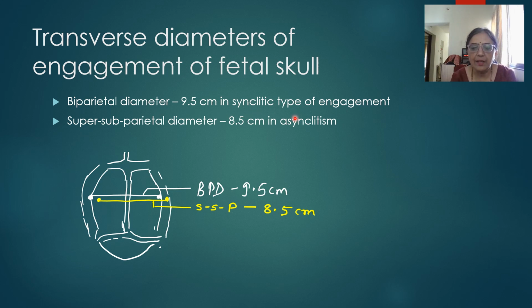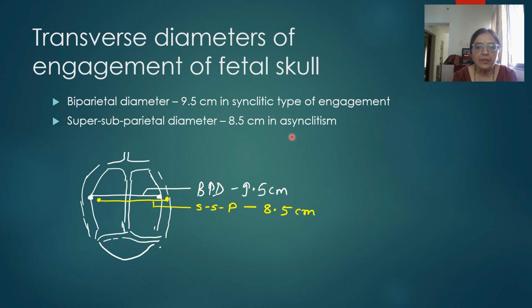We have already seen this in the last class on the pelvis, and those who have not gone through that video, please go through it, because I have explained in detail what synclitic engagement is. Then if you are asked what is the diameter of engagement in synclitism, your answer should be biparietal diameter, which is 9.5 centimeters.